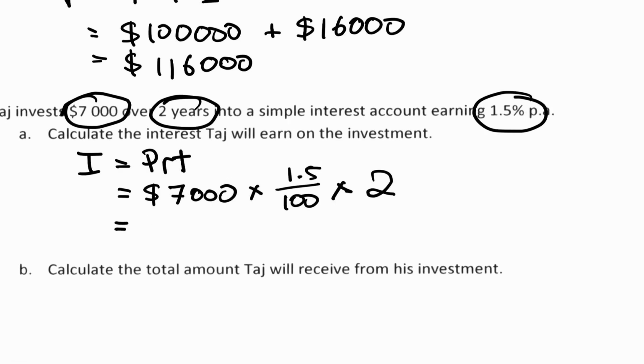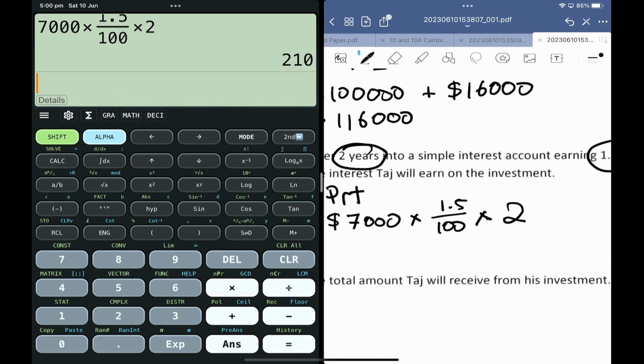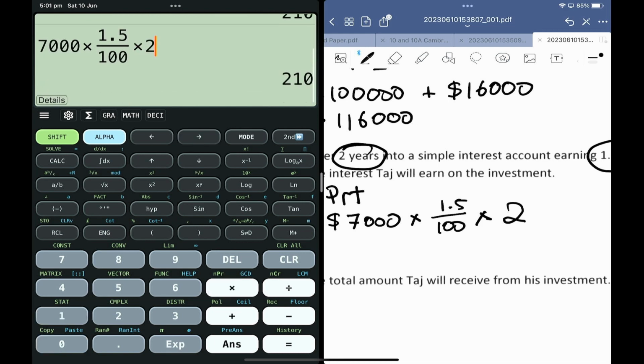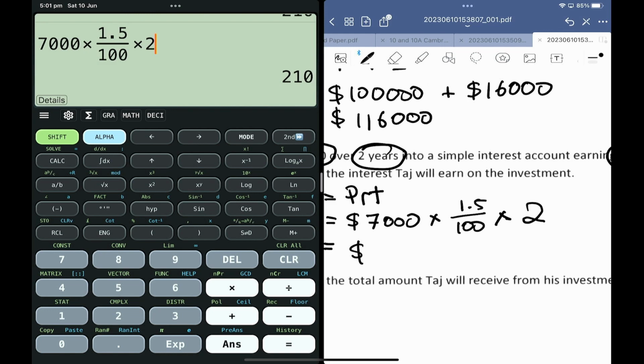We plug that into our calculator and we get 7,000 times 1.5 over 100 times 2 gives us $210 in interest.